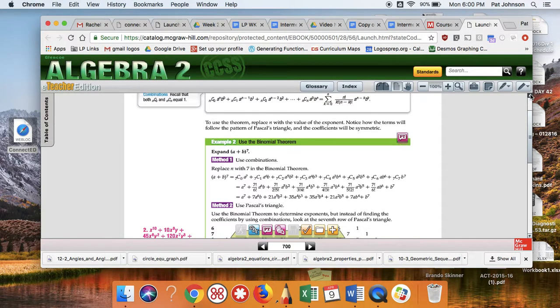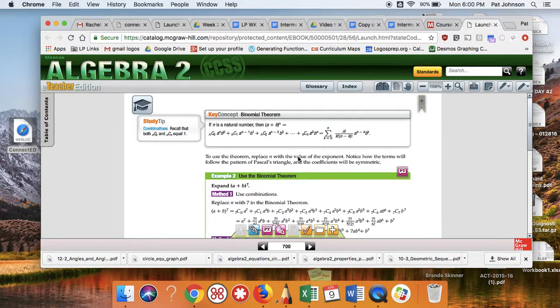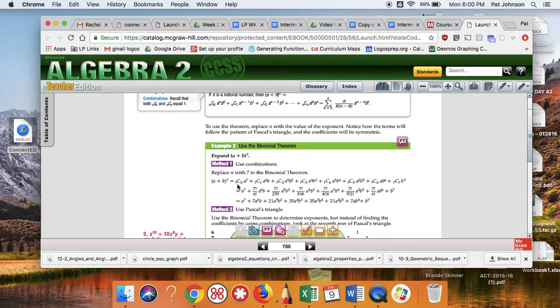Computer's not cooperating. Into this formula here. Okay, so n is going to be 7 for all these, and the first one's going to be 0, and then 1, 2, 3, 4, 5, 6, until you get to 7.